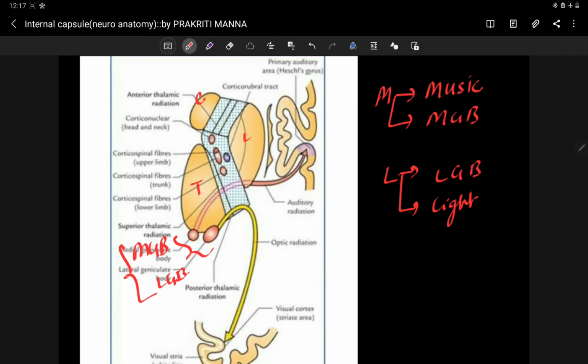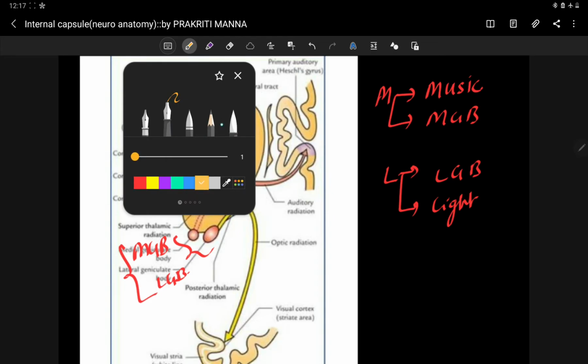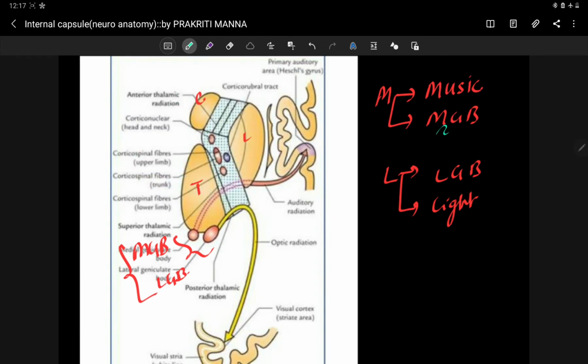Here you can see the medial geniculate body is related to your music pathway, that means your auditory pathway. You can see these fibers are running below the lentiform nucleus, that's why the fibers coming from the medial geniculate body are called your sublentiform fibers. Sub means below the lentiform nucleus. And these fibers are reaching your primary auditory area, which is also called your Heschl's gyrus.